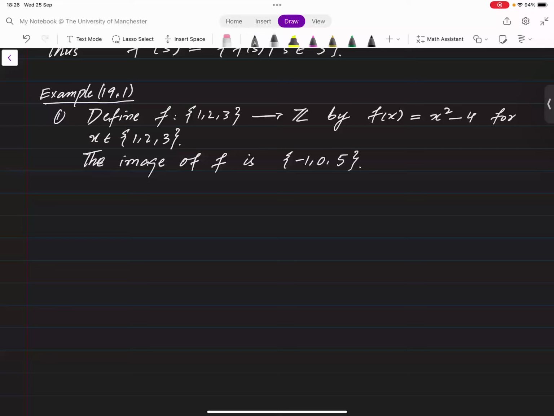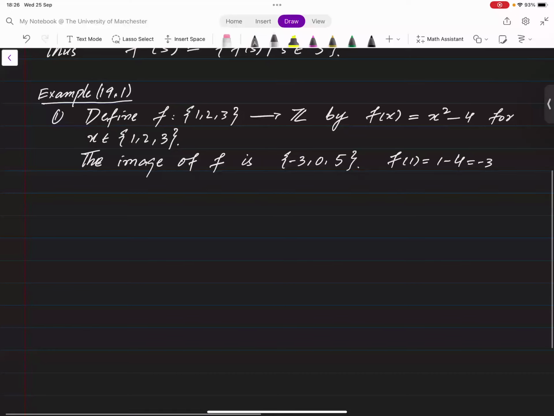Because f(1) is 1 minus 4, sorry, this should be -3. My bad.